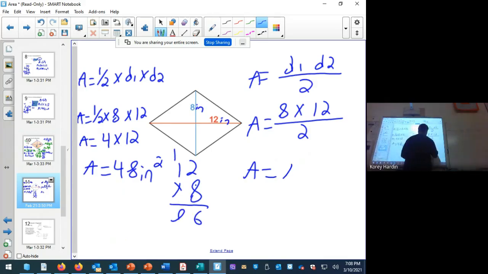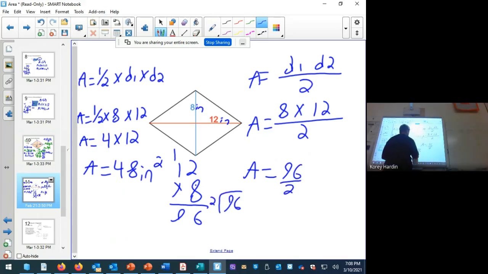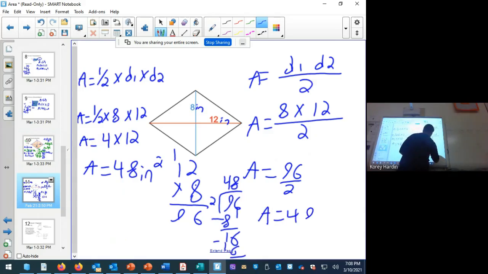So 96 divided by 2. 2 goes into 9 four times. 4 times 2 is 8. Subtract that, I get 1. Bring down the 6. 2 goes into 16 eight times. 8 times 2 is 16. Okay? So once again, A equals 48 inches squared. Same answer.